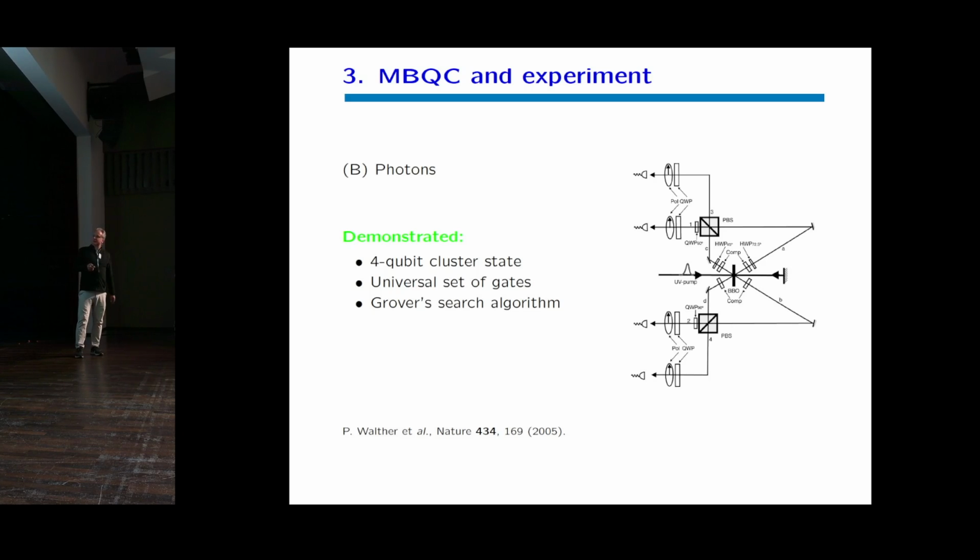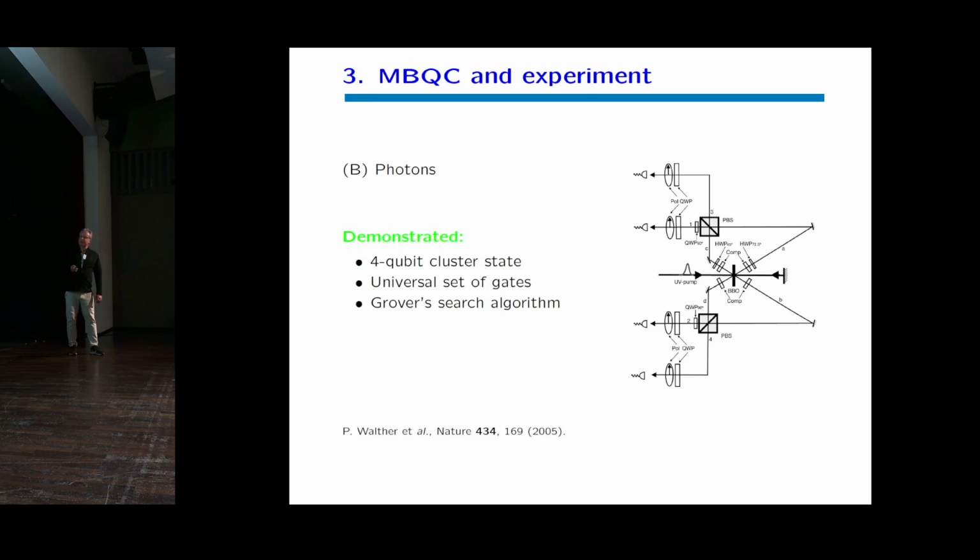Indeed, measurement-based quantum computation has taken root, from an applications point of view, mostly in photonics, and that's because it gives you a very convenient way of handling probabilistic heralded gates, and that's a situation you face in quantum computation with photons. Okay, so they did up to a little Grover's algorithm.